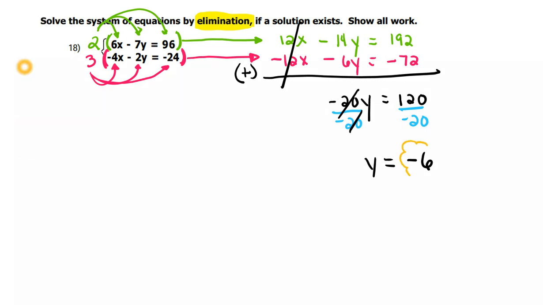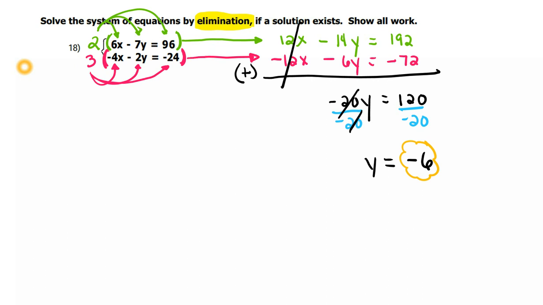All you have to do is take this negative 6 and take it back to either the top equation or the bottom equation where the y's are. You either put it here or you put it there and then solve it for x. I'm just going to use the bottom equation. That's all I'm going to do.